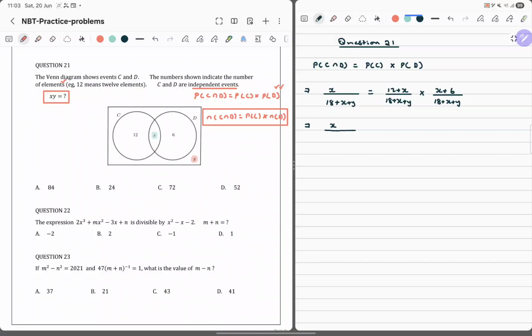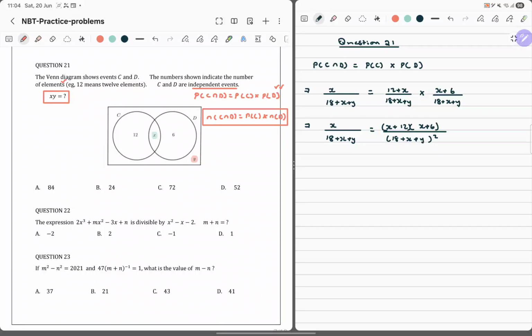So we've got x all over 18 plus x plus y equals, we're going to have 12. In fact, let's start with x. Addition is commutative. x plus 12 multiplied by x plus 6, all divided by 18 plus x plus y squared. Right, so now we've got things that we can do.